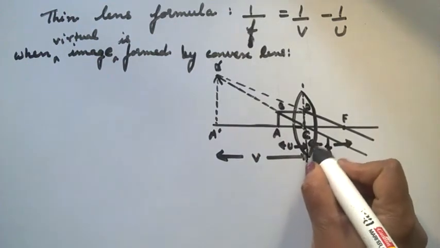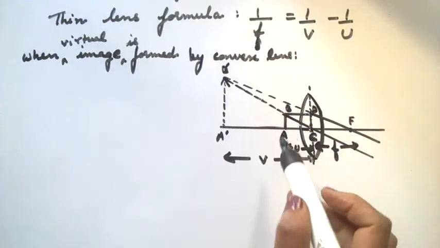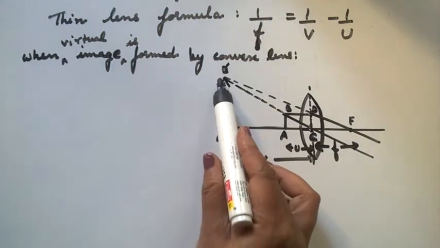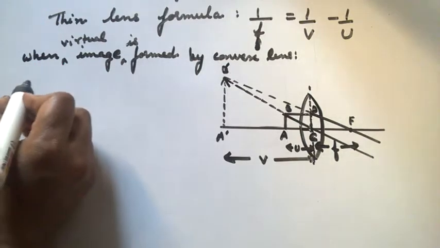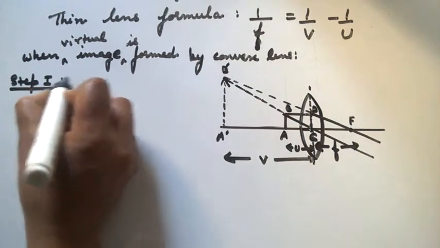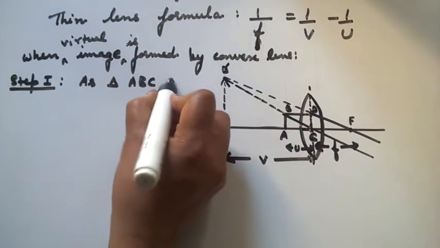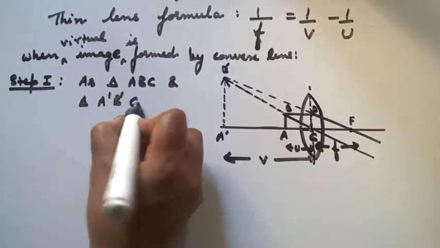Now here also we will consider triangles. Here we can note that ABC and A dash B dash C are similar triangles. So we can write in the first step that triangle ABC and triangle A dash B dash C are similar.